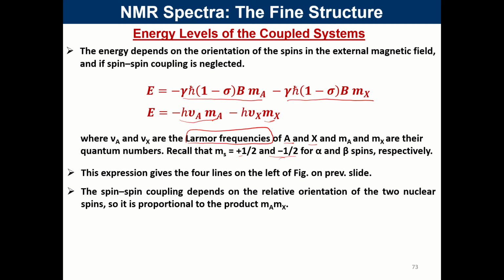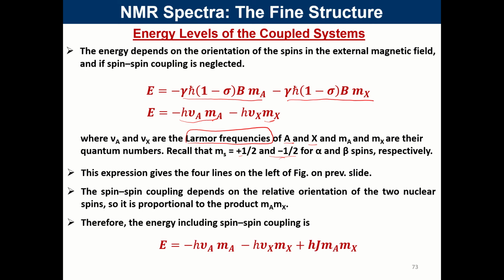So this is the expression that we obtained, the 4 lines in the previous slide, that was corresponding to that. And when the coupling happens, this is the term, the J term, which appears. In absence of any coupling, this is the energy.